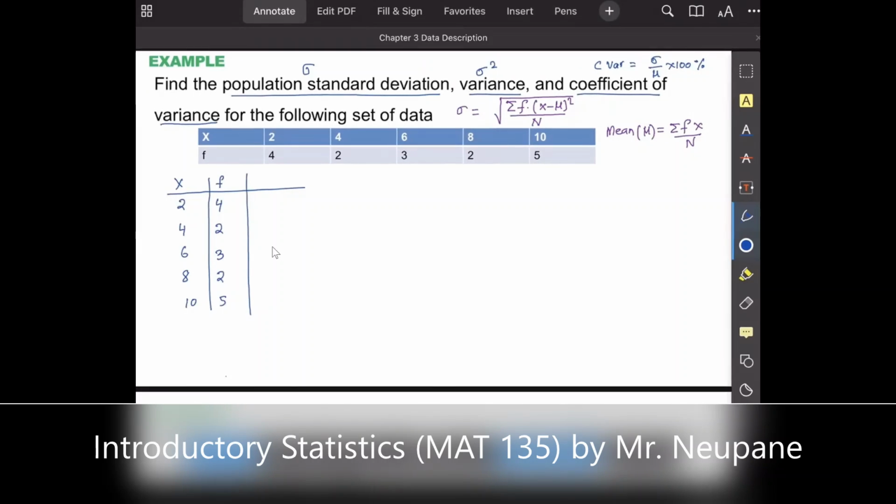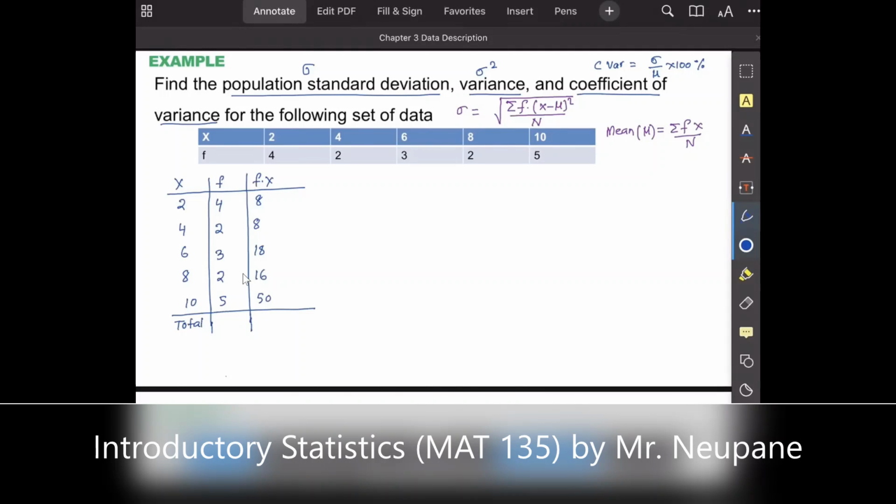Next column, in order to find the mean, we need f times x. So when we find f times x, we multiply 4 times 2, 8, then 2 times 4, 8, 6 times 3, 18, then 8 times 2, 16, and 10 times 5, 50. We are also going to find the total.